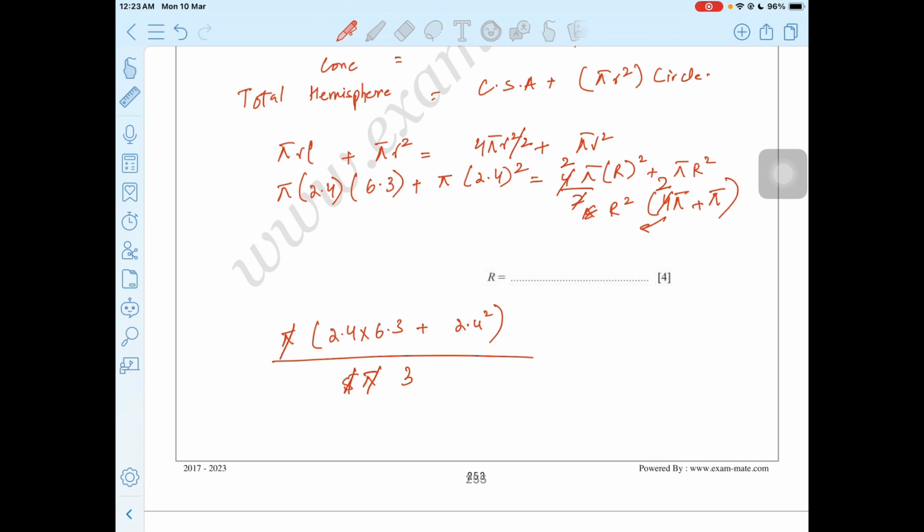So I guess I made some calculation mistake. 2.4 multiplied by 6.3 is basically 15.12 plus 2.4 squared over 3, 6.96. I think I made some mistake over here.